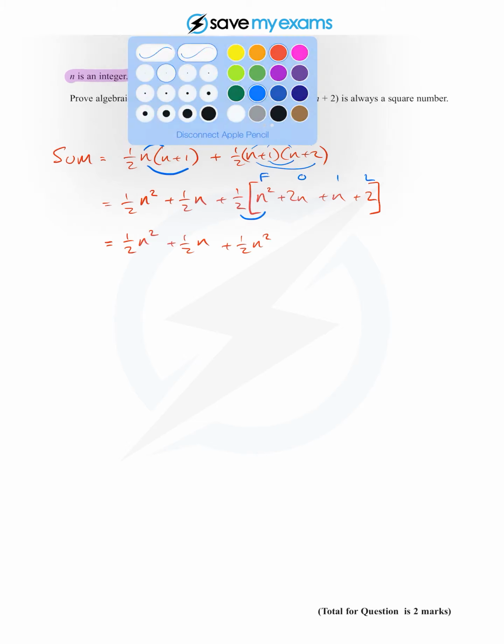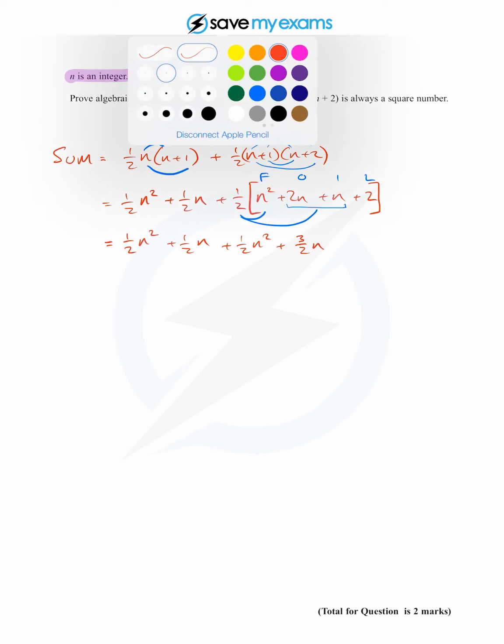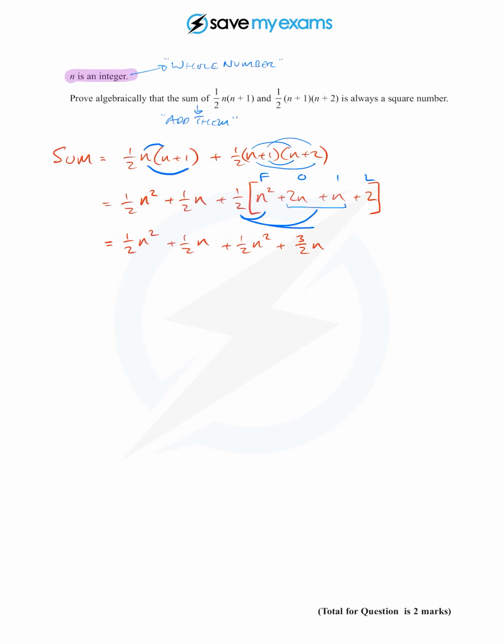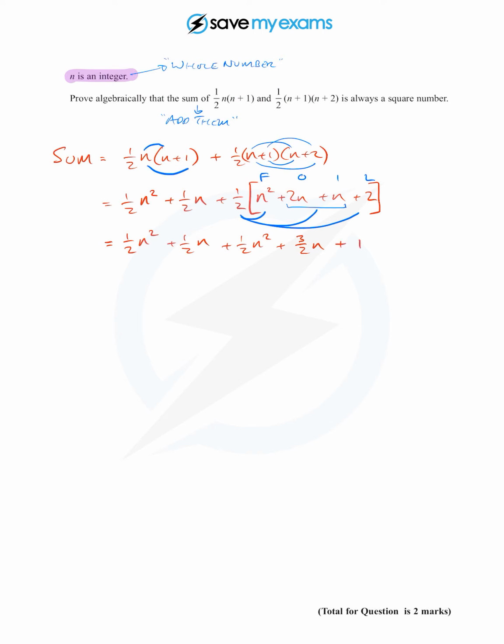Now the next bit's a little bit more complicated because I'm also going to lump those two things together and do a half times that. So 2n plus n is 3n, and a half of that is 3 over 2 n. You could call it 1.5n if you want to. And then I do a half times the 2 at the end. A half times 2, that's nice and easy. That's 1.